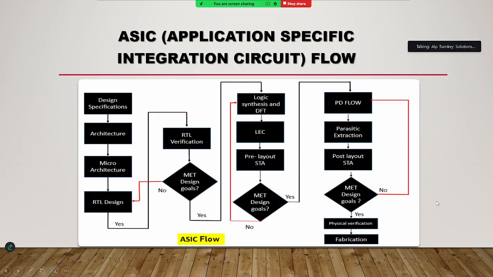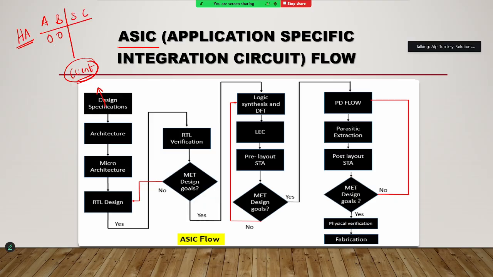This is the total ASIC flow. ASIC means application specific integrated circuit. First is design specification. Suppose a client comes with some inputs. Say he wants a half adder: two inputs and two outputs, sum and carry.